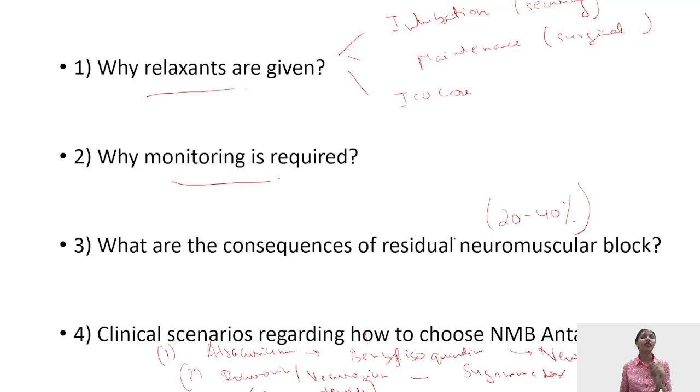The third scenario which can come is if they tell that the patient is an emergency case and the patient's nil per oral status is not complete. In such a patient, what we follow is rapid sequence intubation.